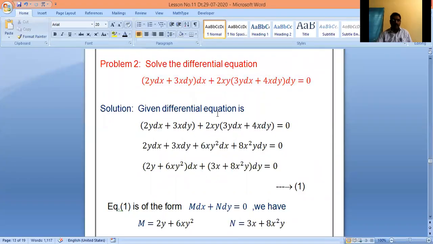Here given differential equation is 2y dx plus 3x dy plus 2xy into (3y dx plus 4x dy) is equal to 0. That implies 2y dx plus 3x dy plus 2xy into 3y is 6xy square into dx plus 2xy into 4x dy is 8x square y dy is equal to 0.